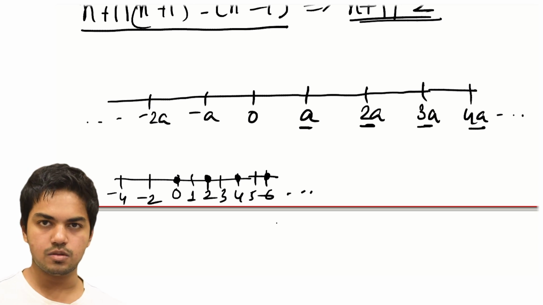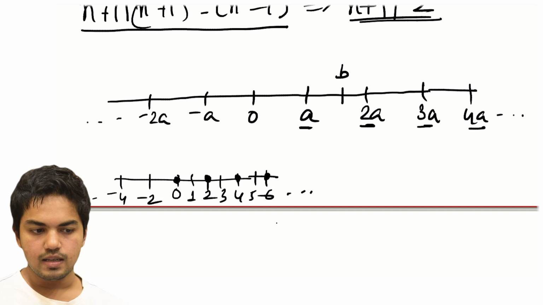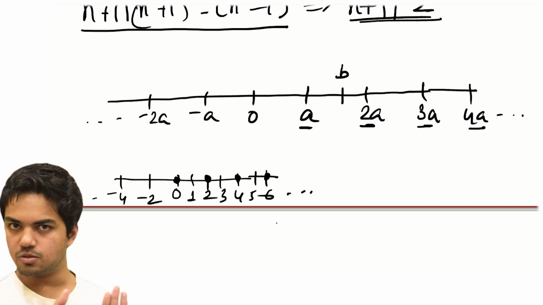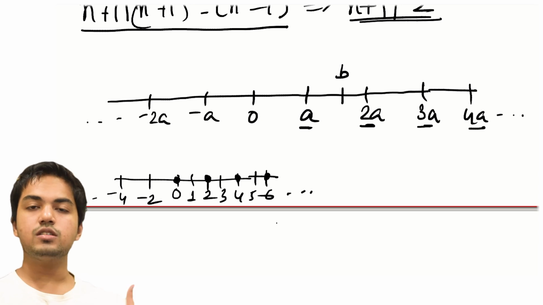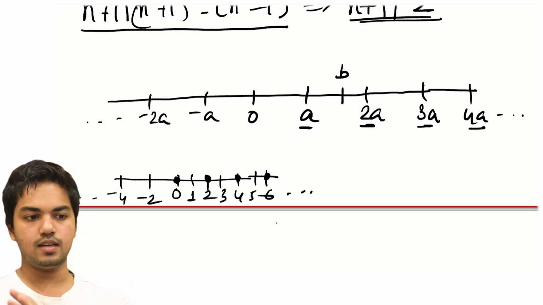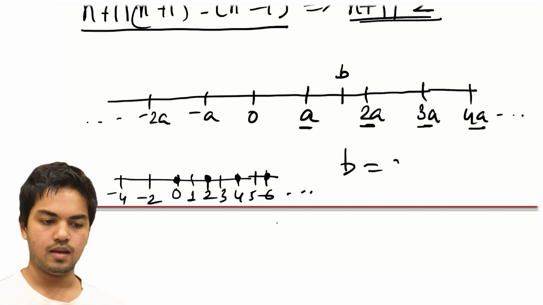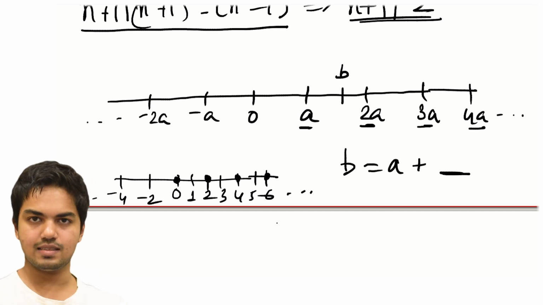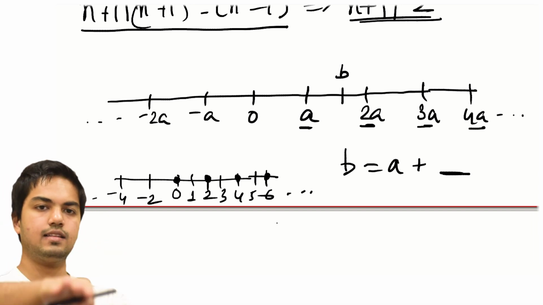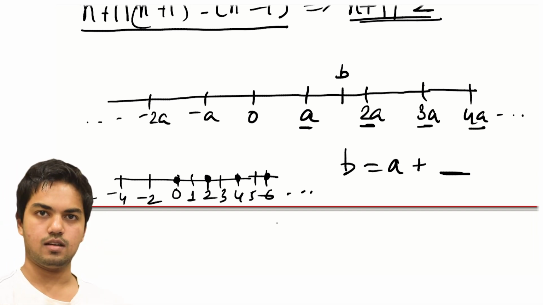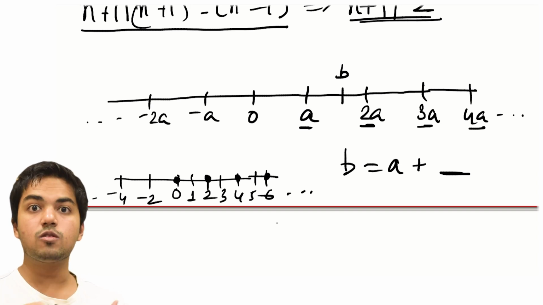If I choose any other number B, say B is here, then B can be approximated, if you will, by a multiple of A. We can always look for the largest multiple of A on the positive side, smaller than B. So in this case, B is equal to A plus something that's less than A. Think about taking steps of length A along the number line. Then you will find B in between two of your steps, no matter what A is.